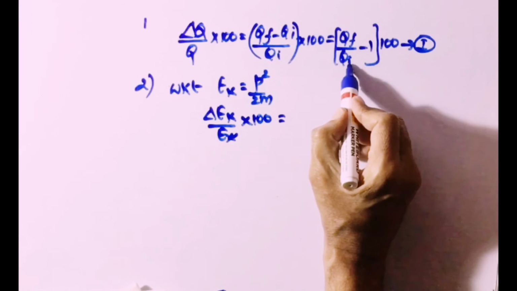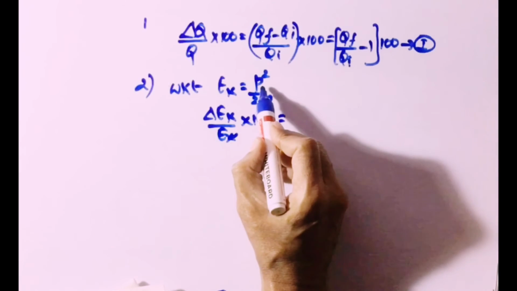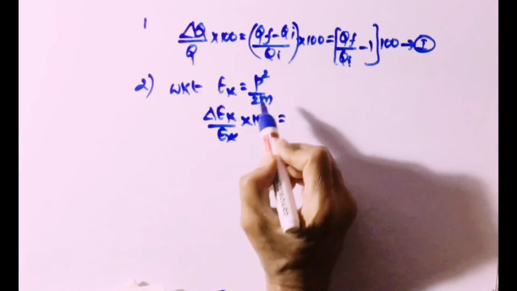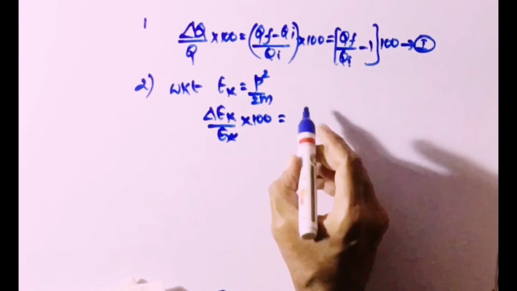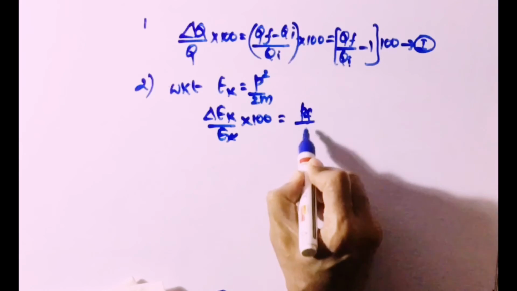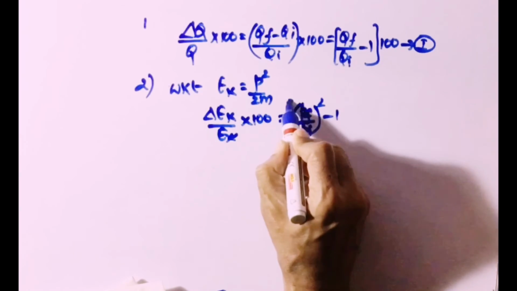Final quantity by initial quantity minus 1 into 100. What is the final quantity in the given relation? Momentum. In the RHS, what is its power? 2. So I can write it as P final by P initial whole square minus 1 into 100.